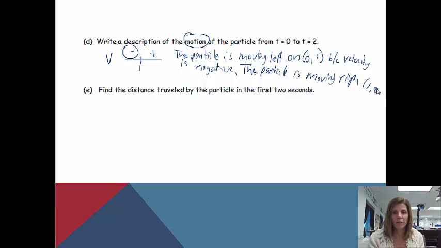So from 1 to infinity, the particle will be moving to the right, and that was because the velocity is positive. So basically the same thing that we did with our f prime charts.